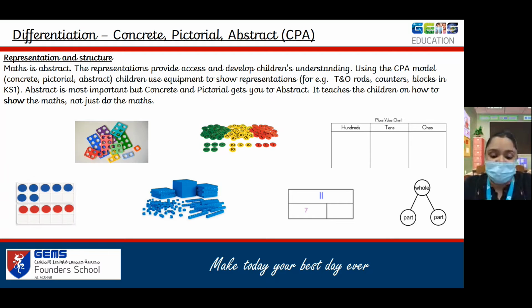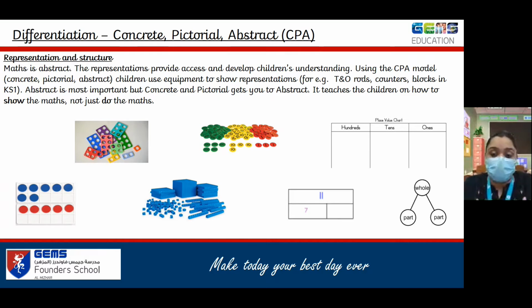After the pictorial aspect, the third thing that comes is the abstract. So abstract is basically where the children are solving a particular set of problems mentally and independently themselves. So that is where abstract comes in. This approach teaches the children how to show the maths and not just do the maths.